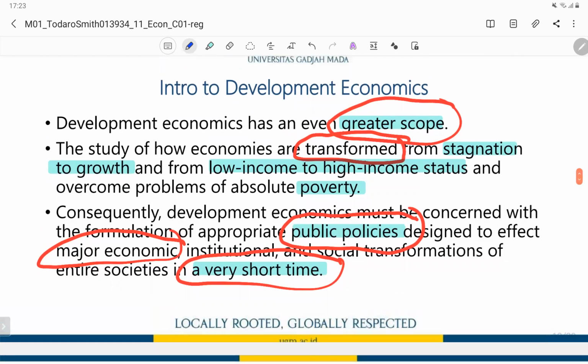Any more question? Ma'am, may I ask? Yes, sure. For the book, each chapter that is not covered in the PowerPoint, is it included as exam material or not, ma'am? Okay, good question. Thank you.